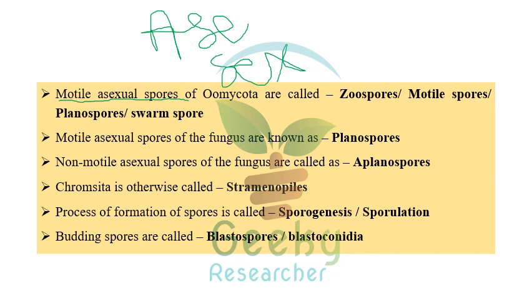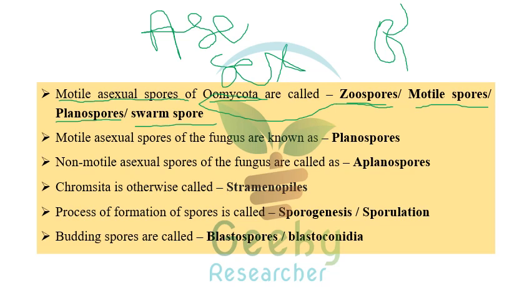So motile asexual spores of Mycota: Mycota produce zoospores as motile spores. Zoospores contain flagella. This flagella is helpful for motility or locomotion. Zoospores are otherwise called motile spores, planospores, or swarm spores.